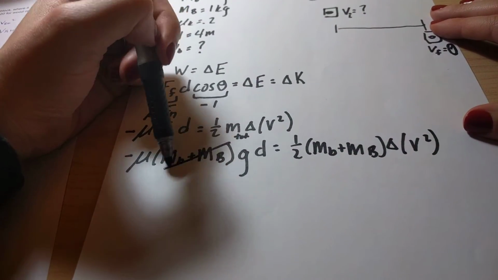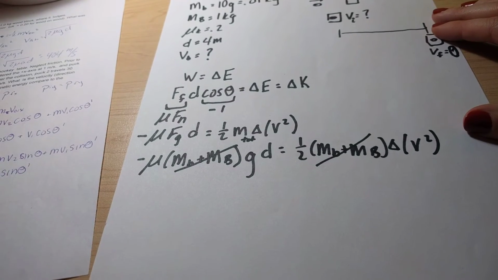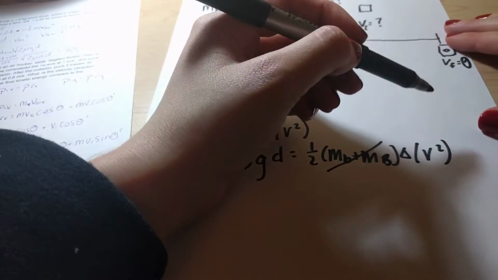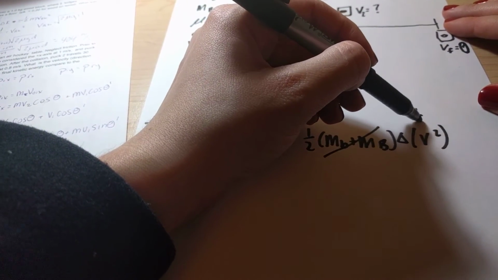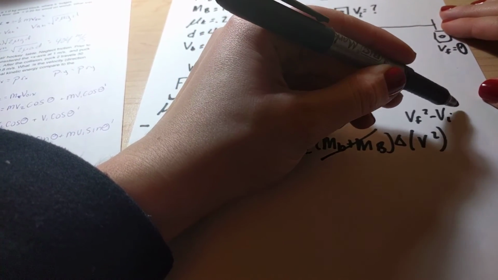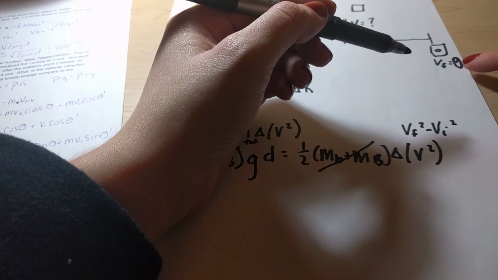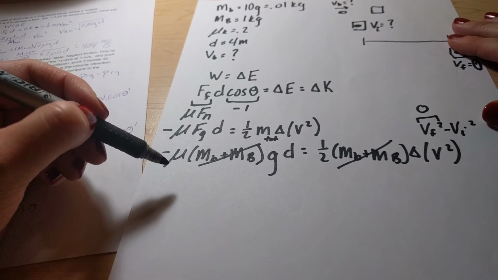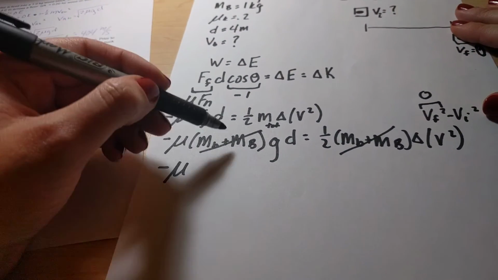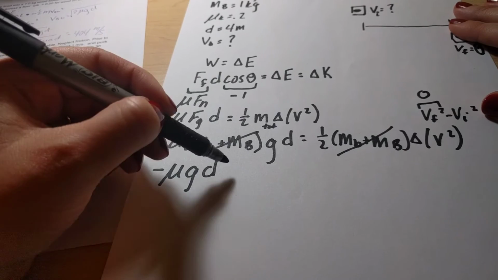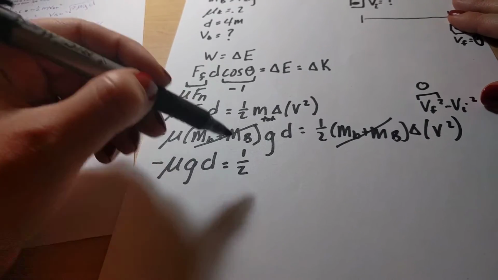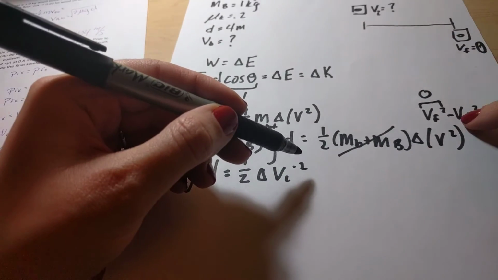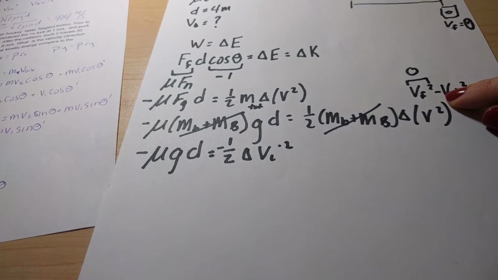So what's nice here, our masses cancel. Now when it comes to our change in velocity, this is our final velocity squared minus our initial velocity squared, and we said the final velocity here was 0. So if we simplify, we get negative mu g d equals 1/2 our change in velocity squared, and we don't want to forget that negative sign.